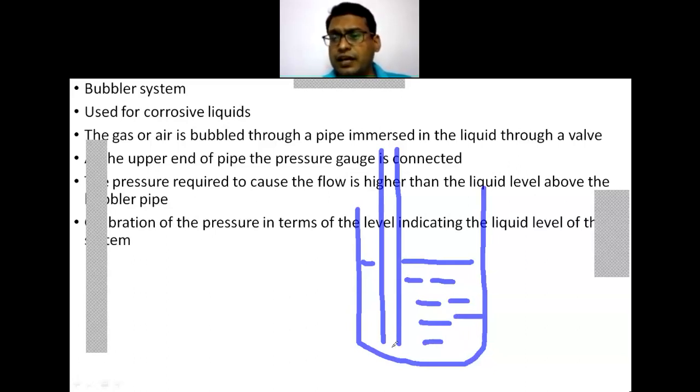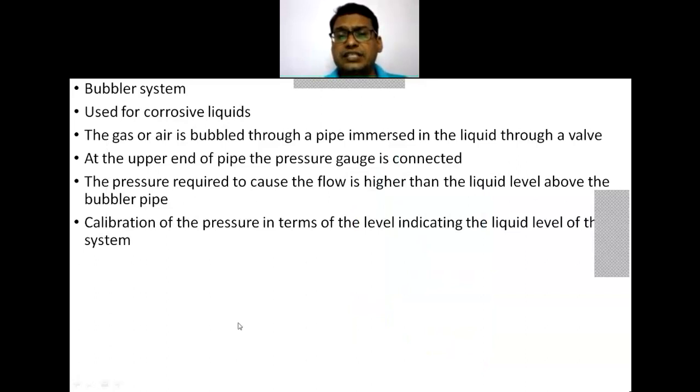Depending on the liquid level, the bubbles will move in this direction and will have a back resistance, and this back resistance or back pressure is to be calibrated for the liquid level in the tank.